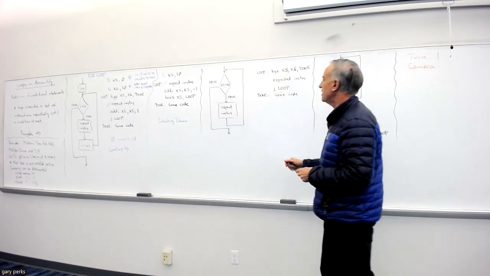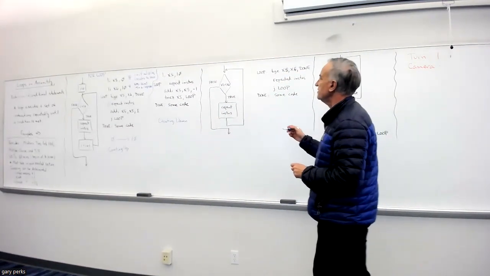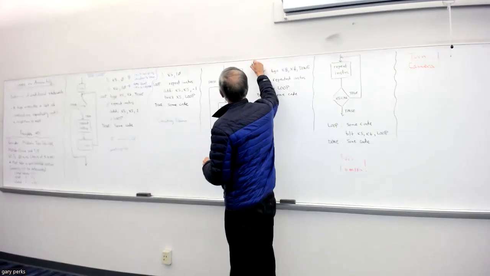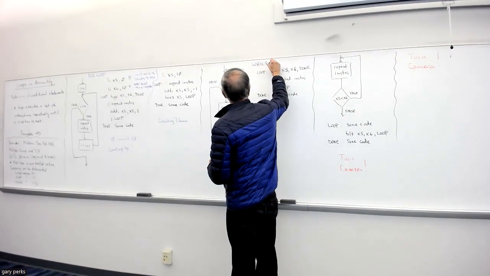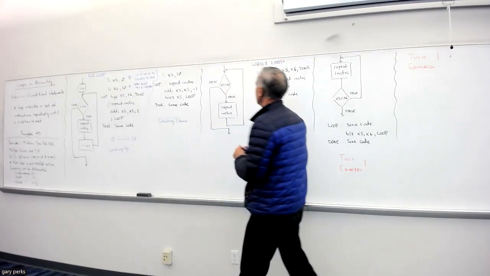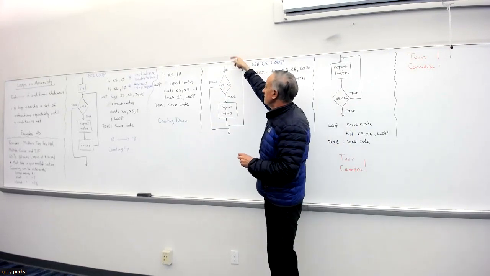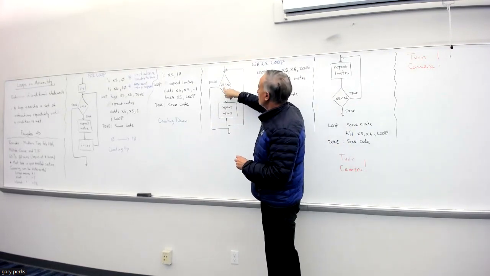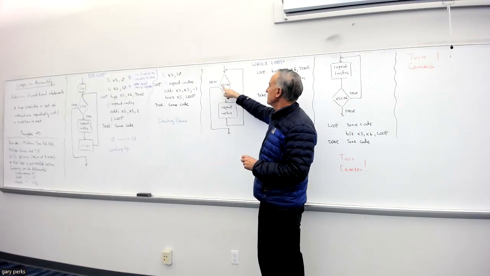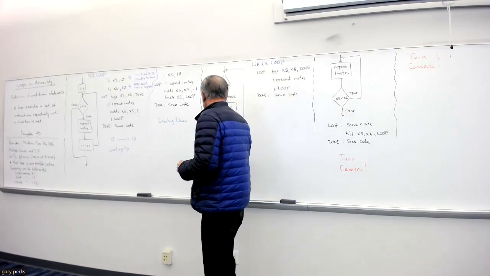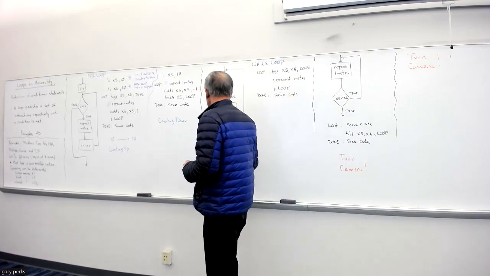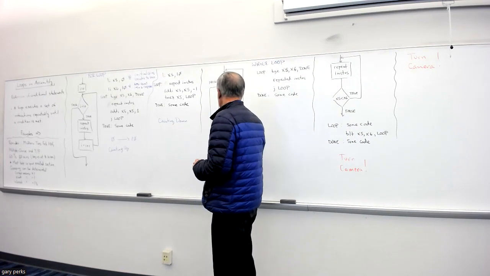All right. Let's look at this example here. This is actually called a while loop. And you can see here from the flow chart that we come right into a decision point. And as I mentioned before, but just to make sure everyone understands, this X5 is referring to the contents of register 5.